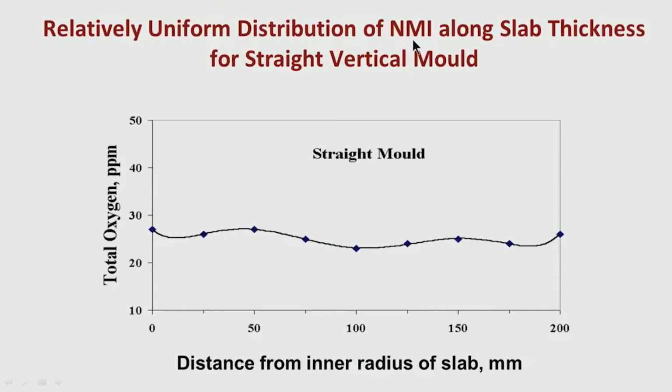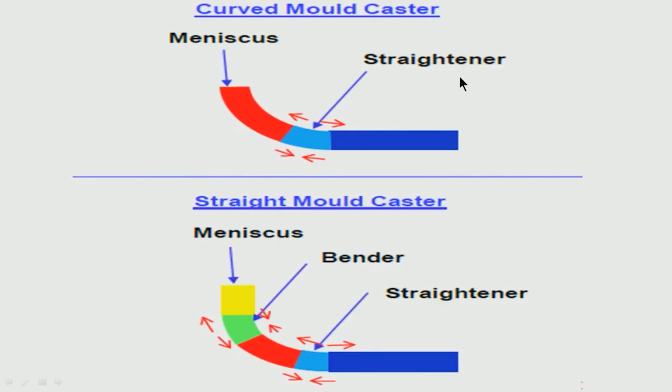You just look at the relatively uniform distribution of NMI along slab thickness for straight vertical mold. So I am talking of a situation here, the mold is vertical, so whatever slab is forming, finally the slab is coming like this. So we have tried to analyze the distribution of the inclusions from inner radius to the outer radius, from top surface to the bottom surface.